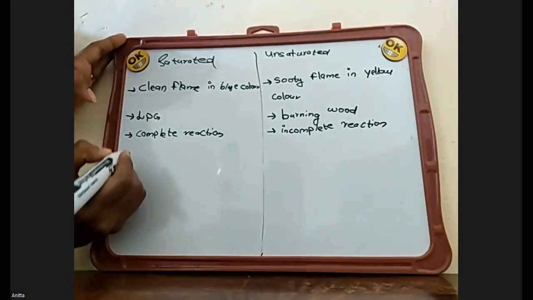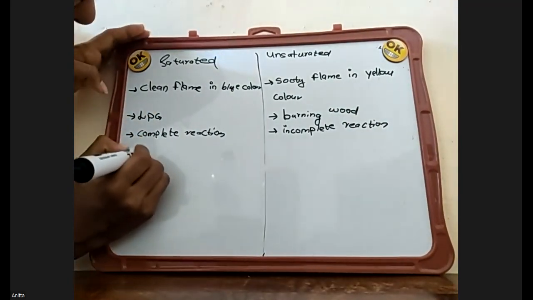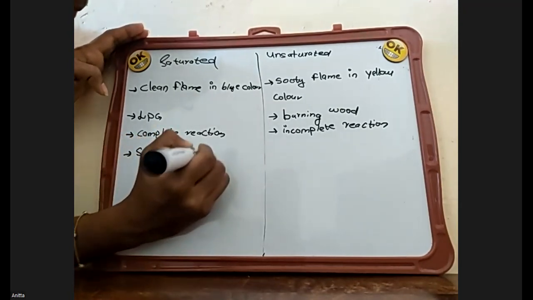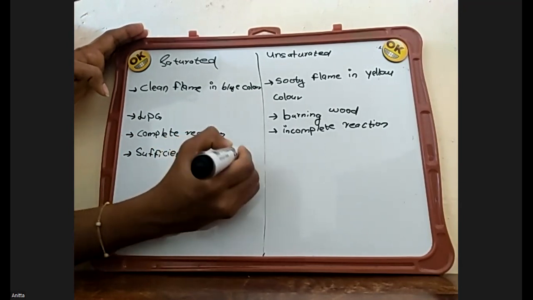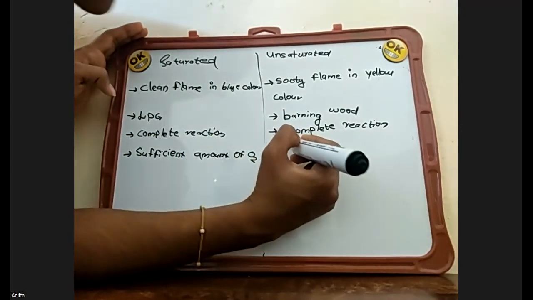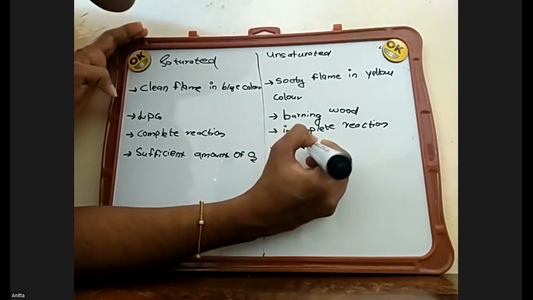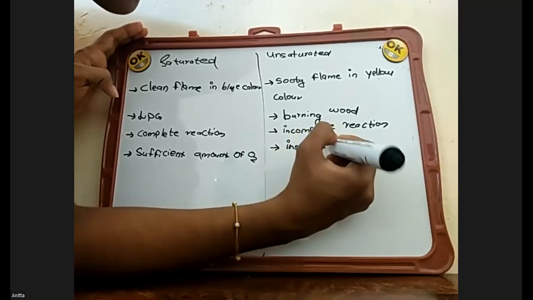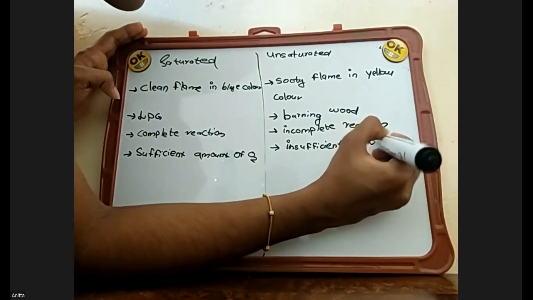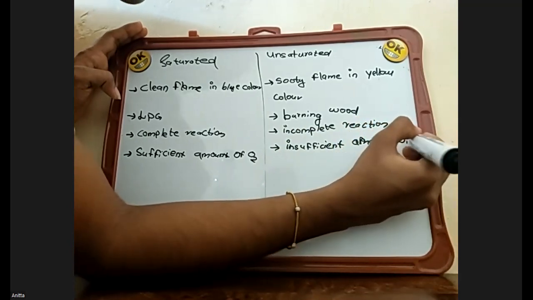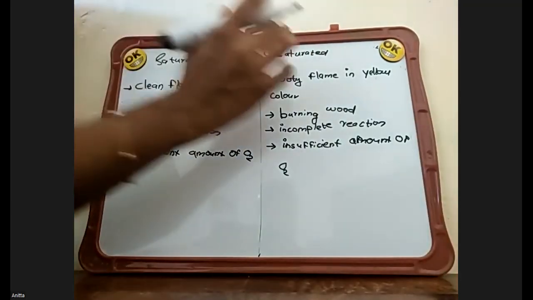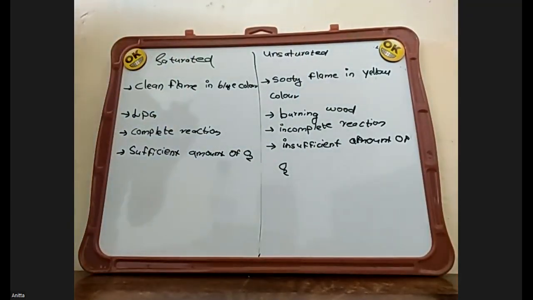Because in a complete reaction, a sufficient amount of oxygen is available, so it is a complete reaction. And in an incomplete reaction, there is an insufficient amount of oxygen. These are the main differences between saturated and unsaturated hydrocarbons in combustion reactions.